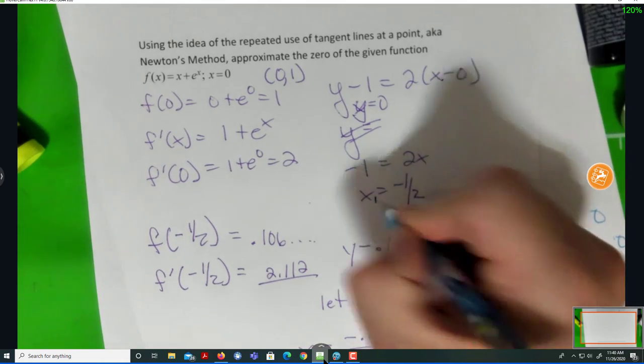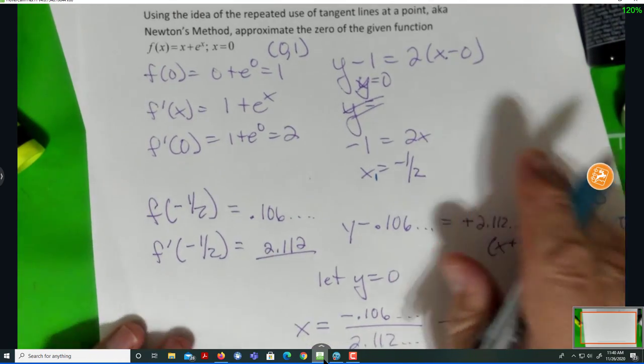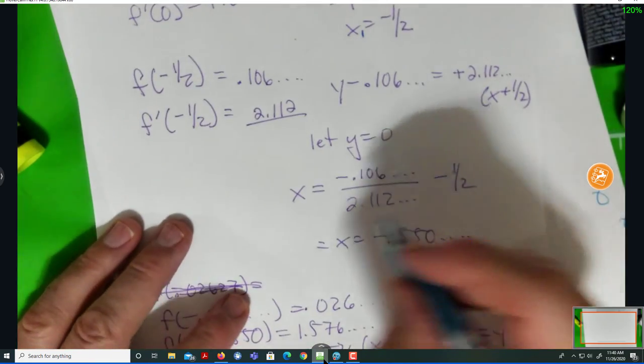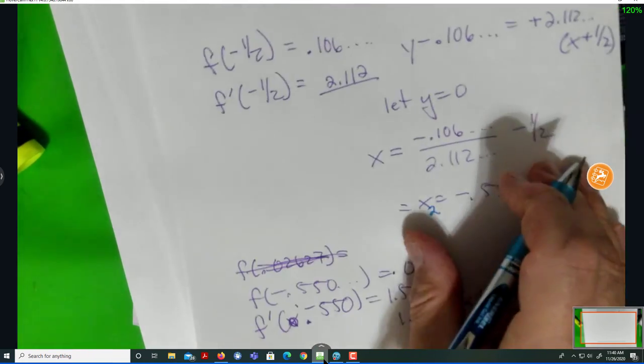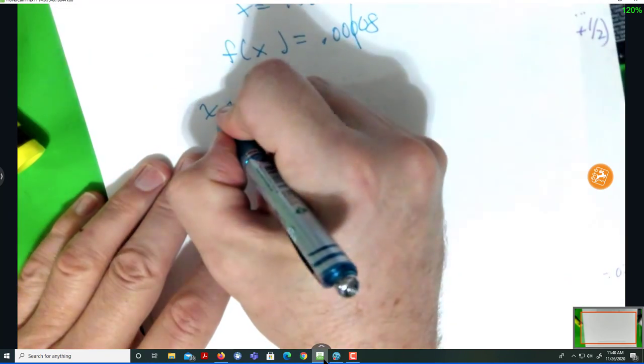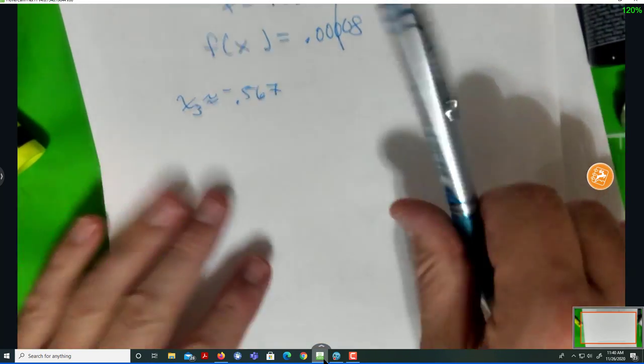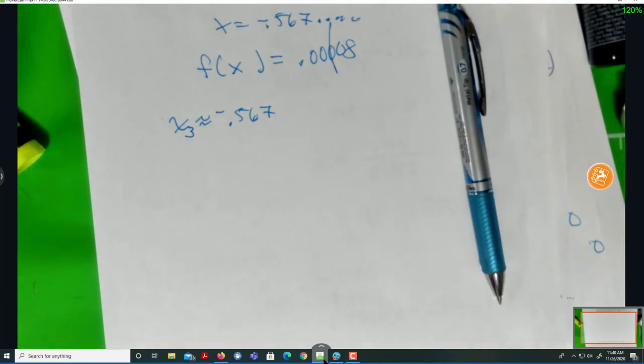So that's the first guess. The next one would be x sub 2. And finally, the third guess would be x sub 3. So notice we needed 3 iterations of applying tangent lines to approximate the 0.